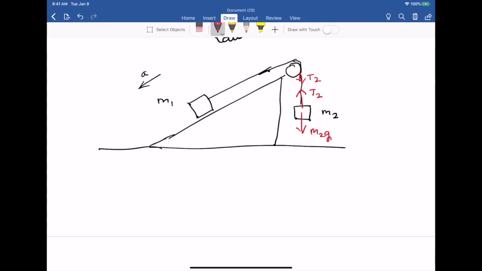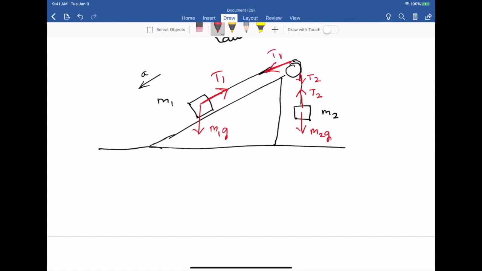Let's consider M1. What are the forces acting on M1? There is the weight of M1 acting down like this, M1G. Then there is a tension force, let's call that T1, acting like that, right? And there would be a tension force on this side as well, which would also be T1.